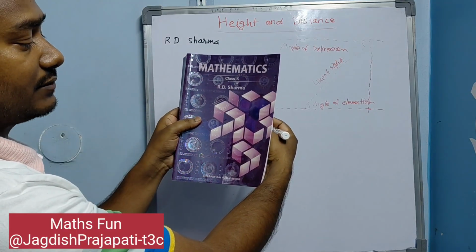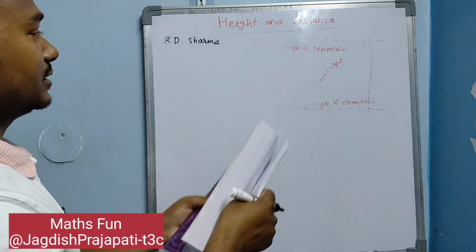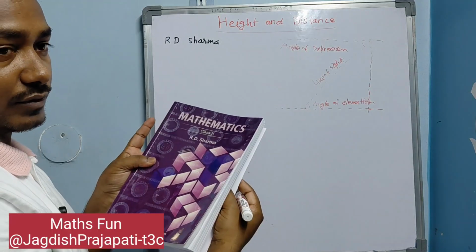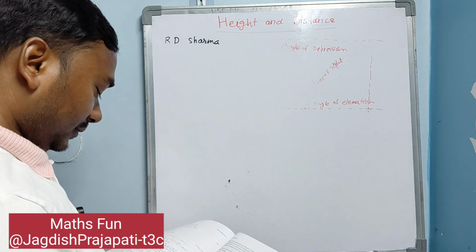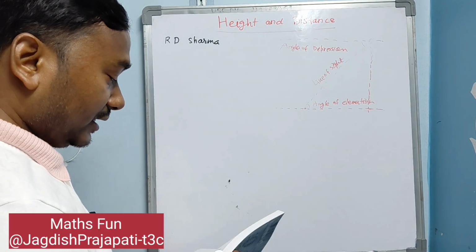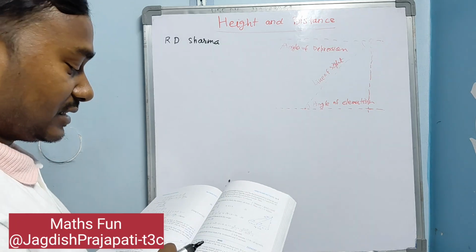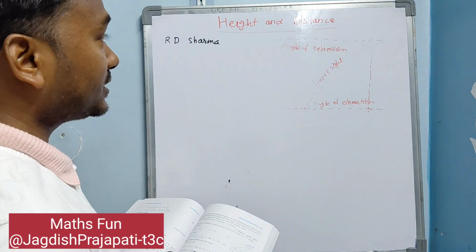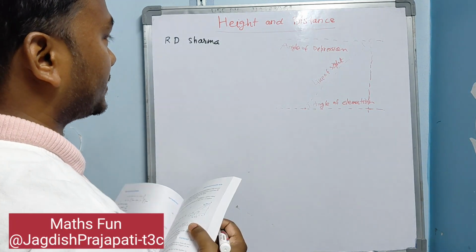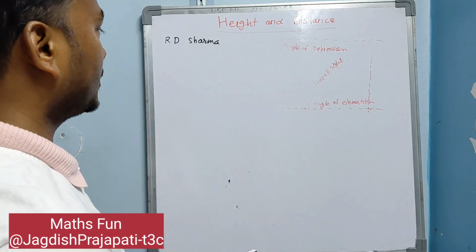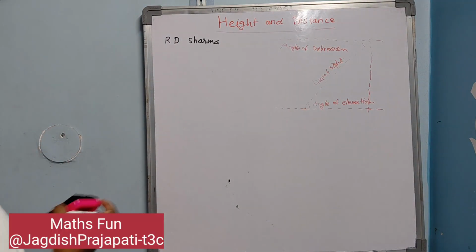This is NCERT based mathematics syllabus. I am going to solve the problems given in this book, based on height and distance with the application of trigonometric ratio.